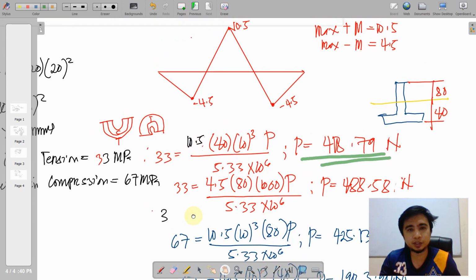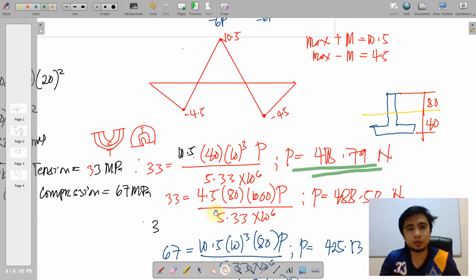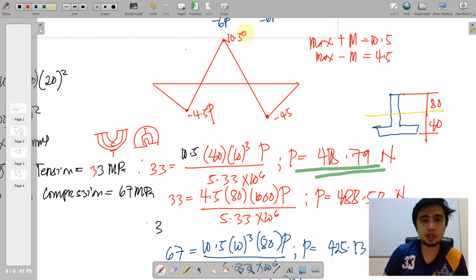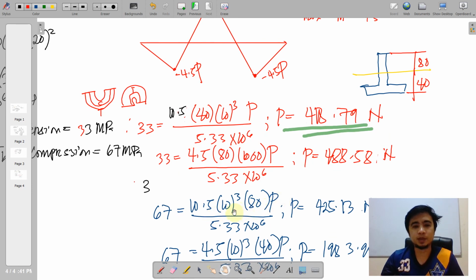Okay, we consider first the positive, that is 10.5 kilonewton meter or 10.5 P. Okay, so sorry, we should have to indicate that these are in terms of P. Okay, so we have 10.5 P times your conversion factor 1000 times 80. Why 80? Because your bending here is positive. Okay, this is 10.5 is a positive moment.